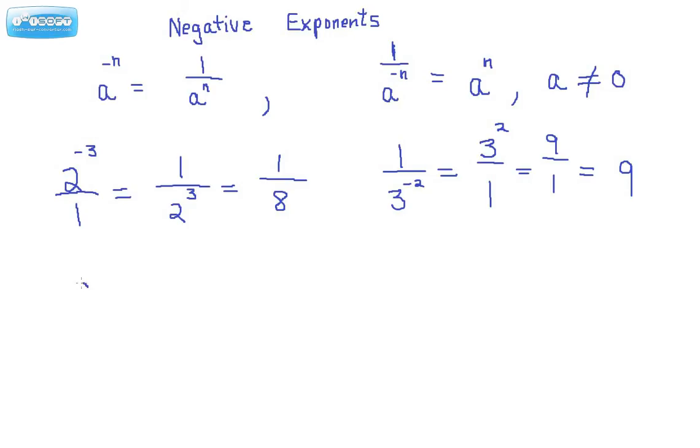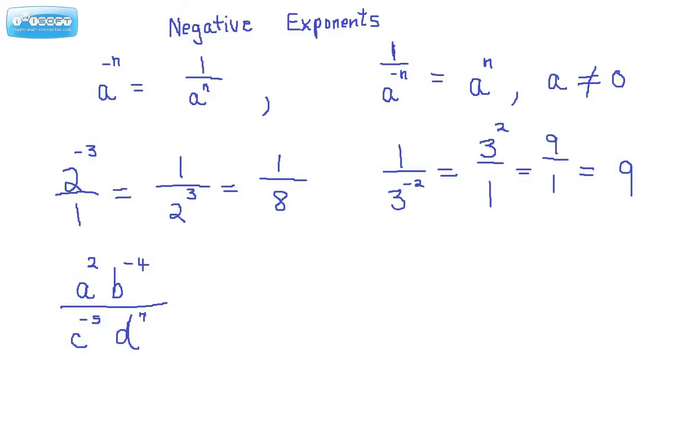So if I had something like a to the second power, and then I had b to the negative 4, and this was over c to the negative 5 power, and then maybe we have d to the 7th. This shows us that we have two variables with positive exponents and two with negative.